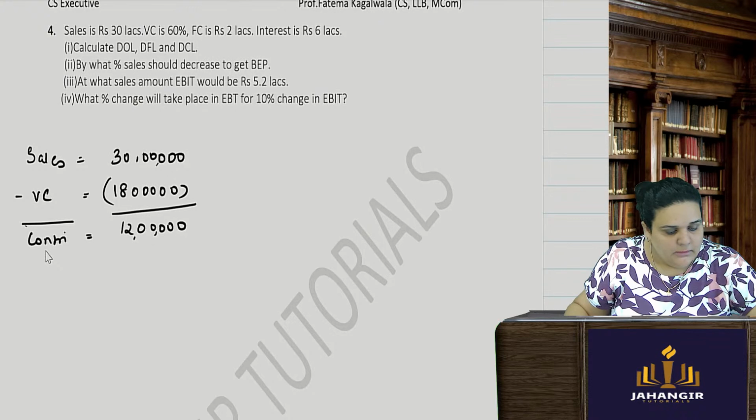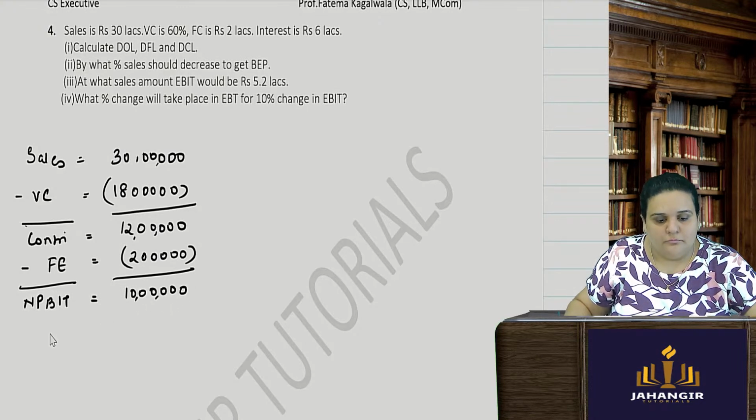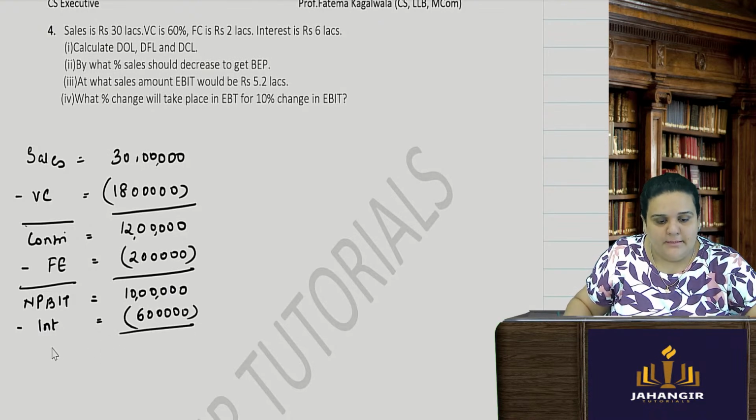Minus fixed expenses, which they have given me as 2 lakhs. So NPBIT is 10 lakhs. Minus interest, which is 6 lakhs. So my NPBT, net profit before tax, is nothing but 4 lakhs.